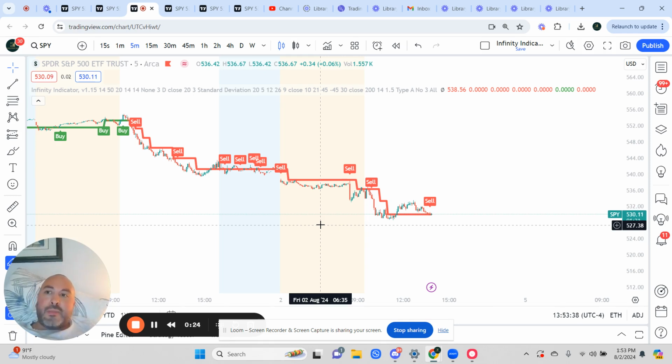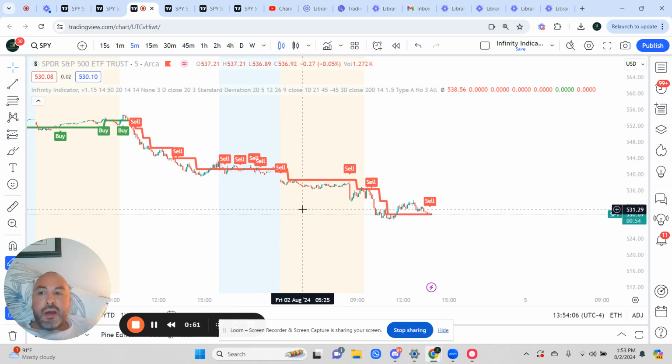If you've ever heard a trader say, "I look at the weekly chart first, find the trend, and then I look at the daily chart for entry in a trade," this is no different than that. We're using a higher time frame to dictate which trade direction we're going to take, and then we take the trades in that direction.